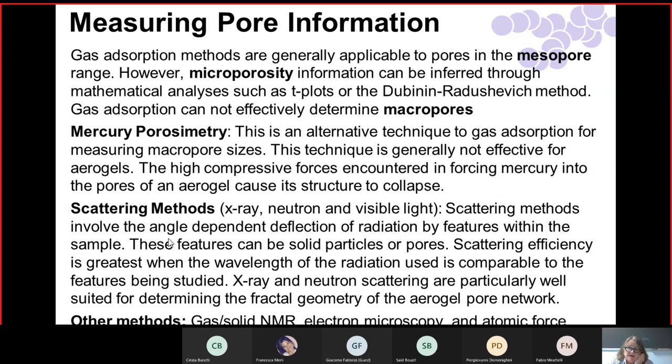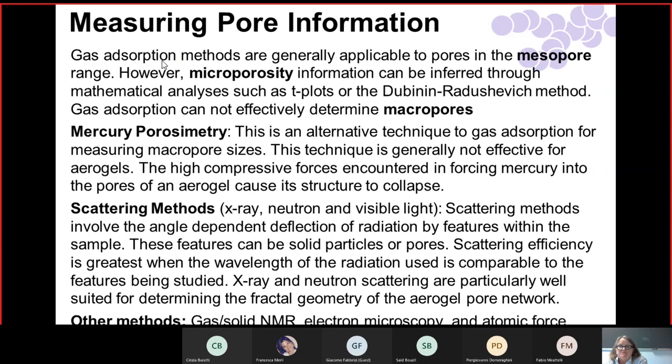And then people have done some NMR. I will show you some electron microscopy where you take images of the structure. I'll also show you some atomic force microscopy. So you can also try to learn some information from these other methods. But by far the most common one is the gas adsorption methods.